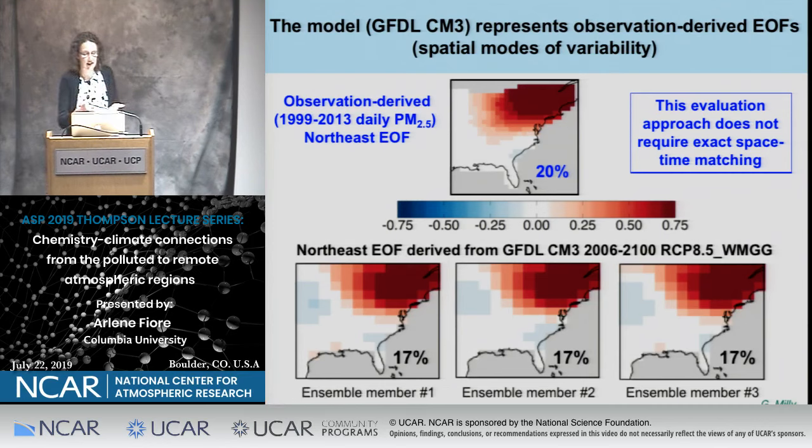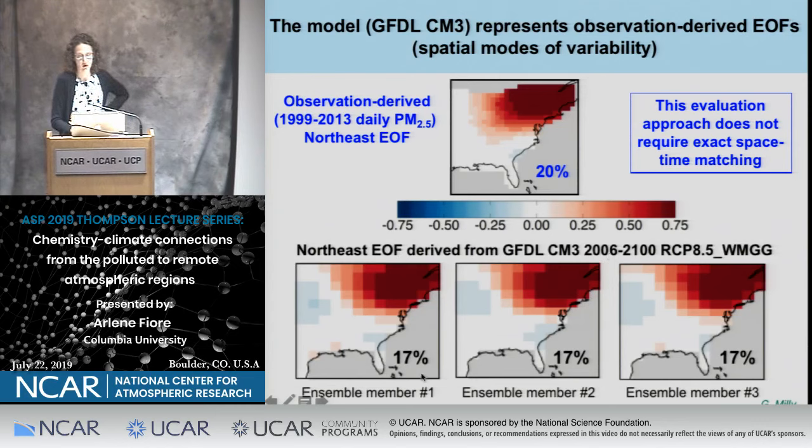For GFDL, actually what it means is it's launched from a different location in the control simulation, which are then run through the historical period and then carry on into the RCP 2006 to 2100 timeframe. So we have 3 of these ensemble members that we launched in 2006.